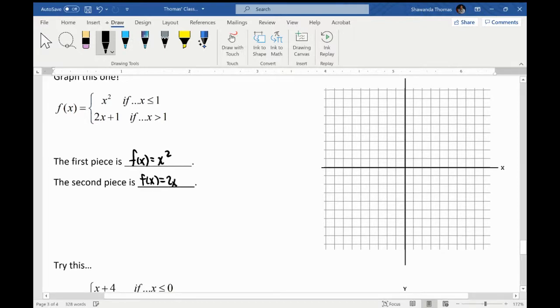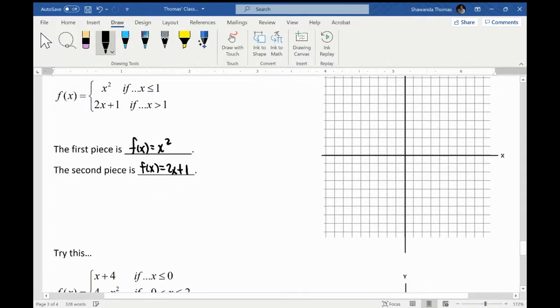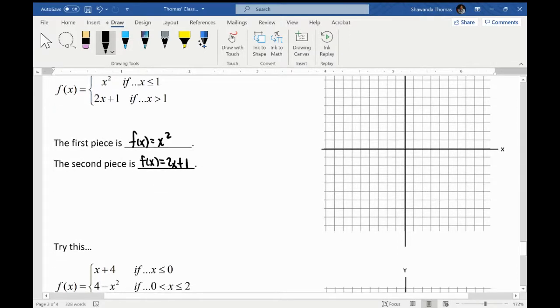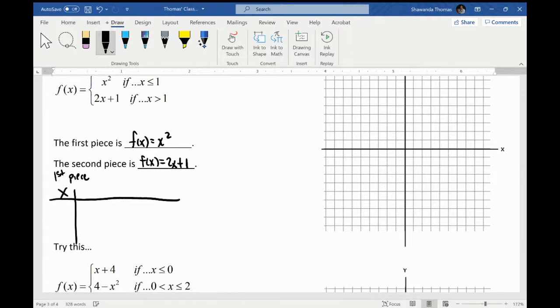All right, so first piece, again, f of x equals x squared, but this time if x is less than or equal to 1. So what number do I want you all to start with on your table?